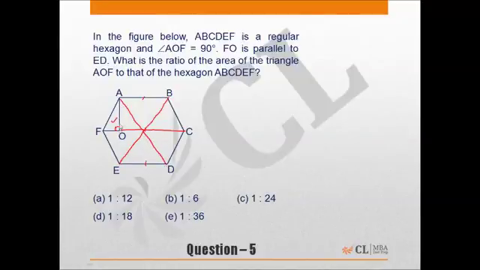And if AO is perpendicular here, that means AO will divide this equilateral triangle into 2 equal areas, because an altitude in an equilateral triangle is the same as the median also. So this is half of one of the equilateral triangles, whereas we have a total of 6 equilateral triangles. So one equilateral triangle will be 1/6 of the entire hexagon, and this is half of that. So 1:12 should be the correct answer. Okay, next question.